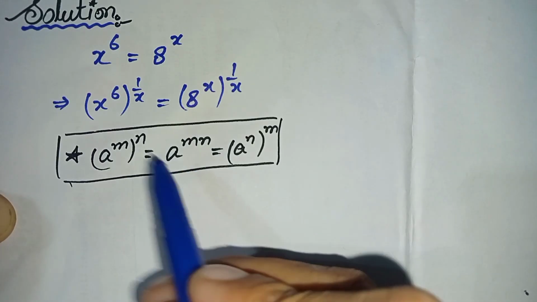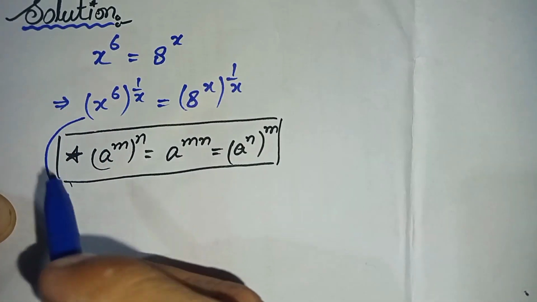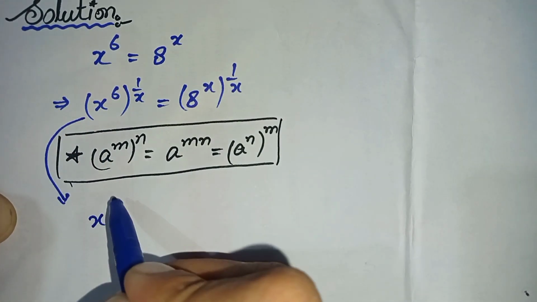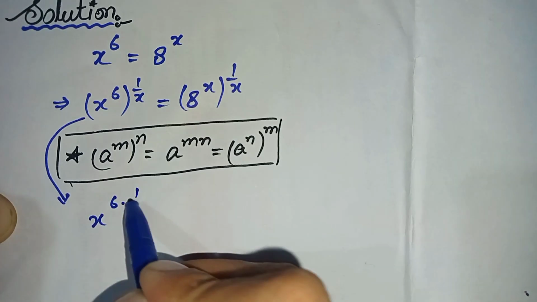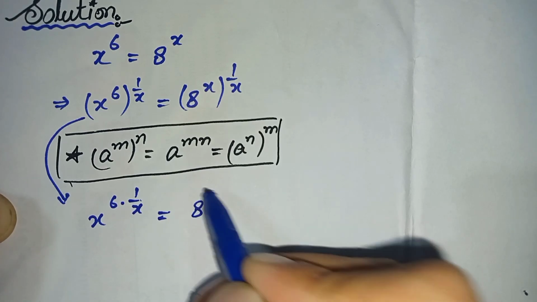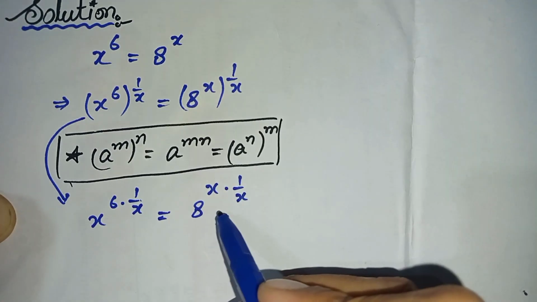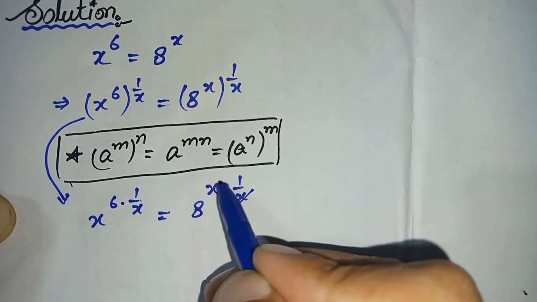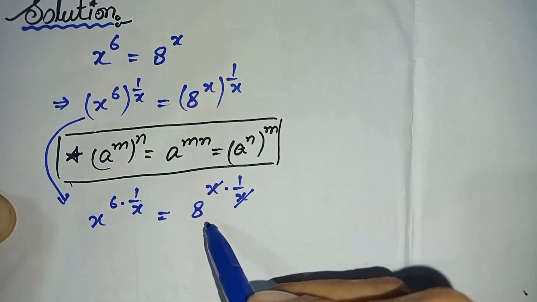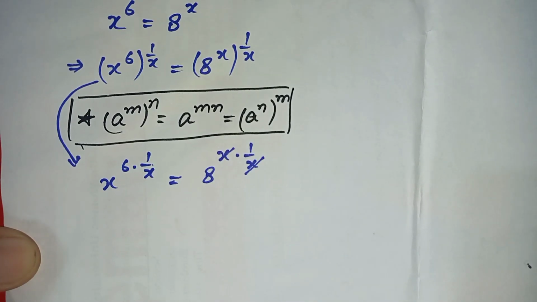By using this formula, we can write this equation as x raised to power 6 multiply 1 over x is equal to 8 raised to power x multiply 1 over x. So on the right hand side, this x and this x will be cancelled with each other, and on the left hand side we will write it as the same.